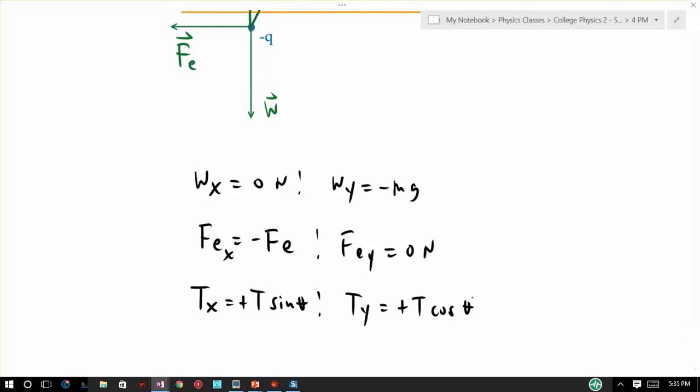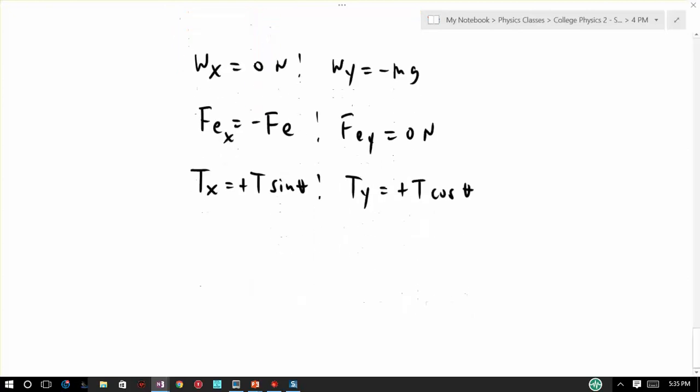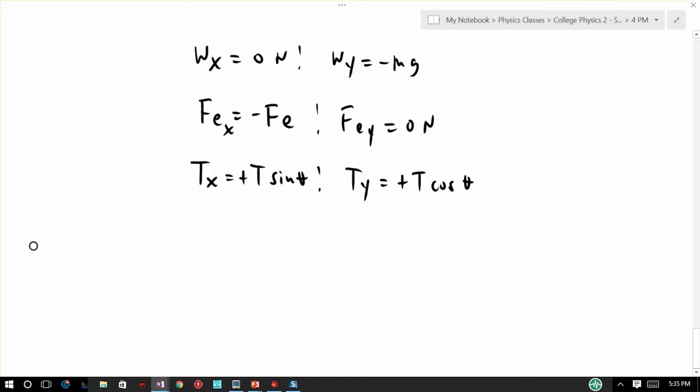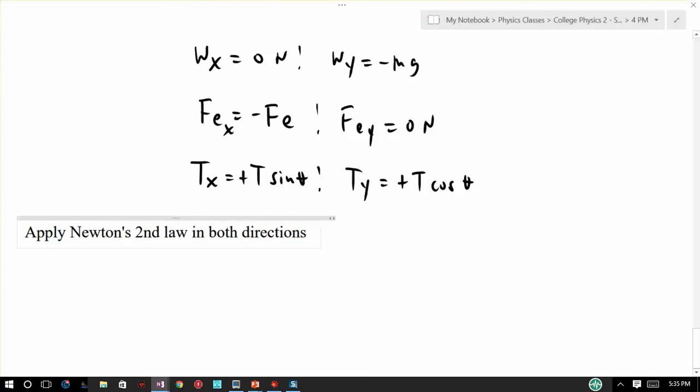All right, so we have the x and y parts, or at least the equations for the x and y parts. And then what do we do? We add up the x parts, add up the y parts, and see what we get. So let's do them one at a time. We're going to apply Newton's second law, this time in both directions, x and y. Let's do the x parts first.